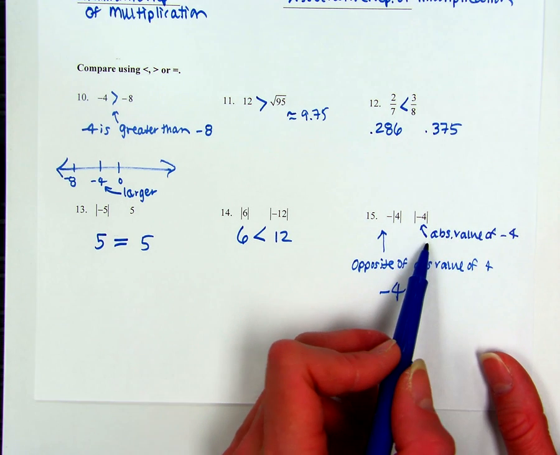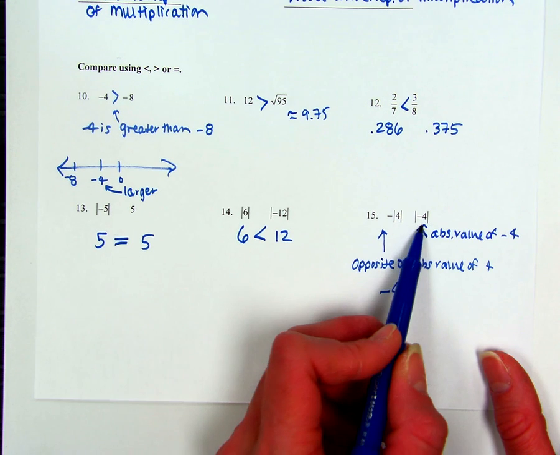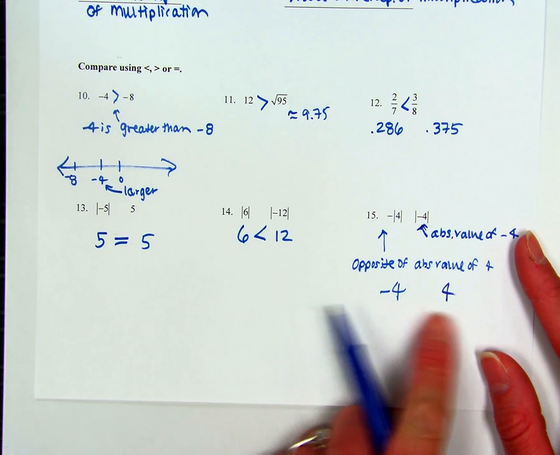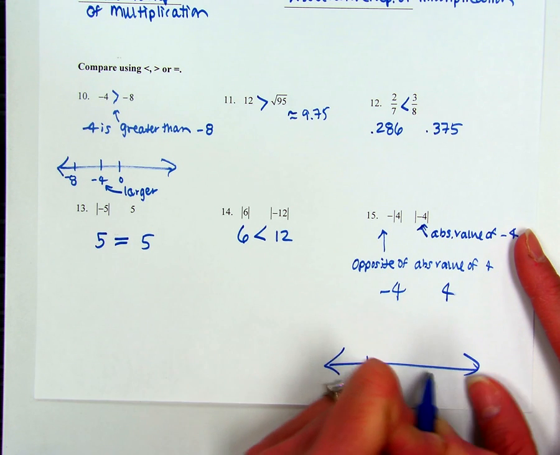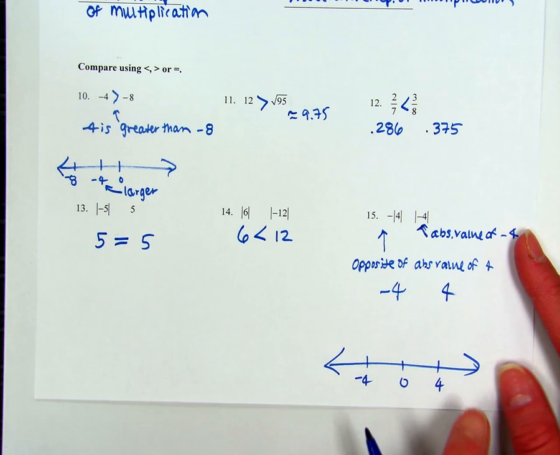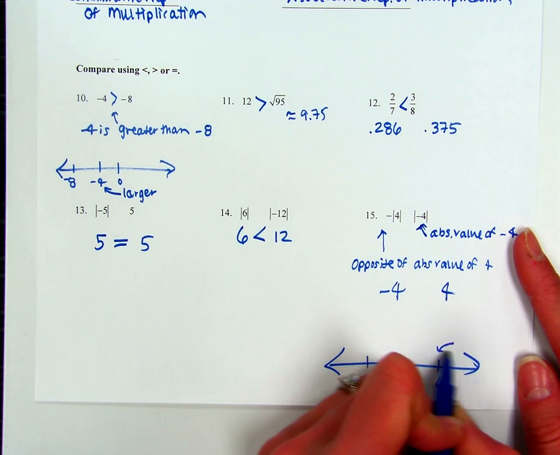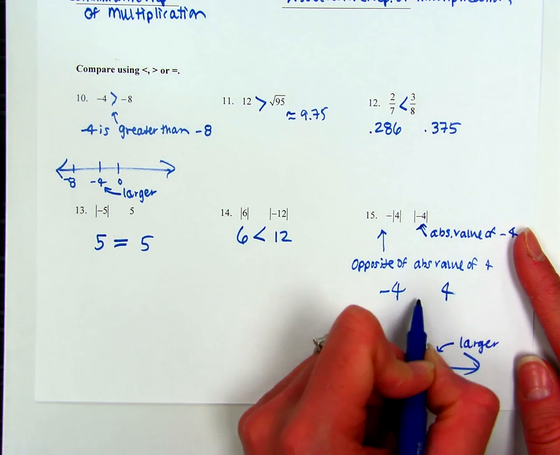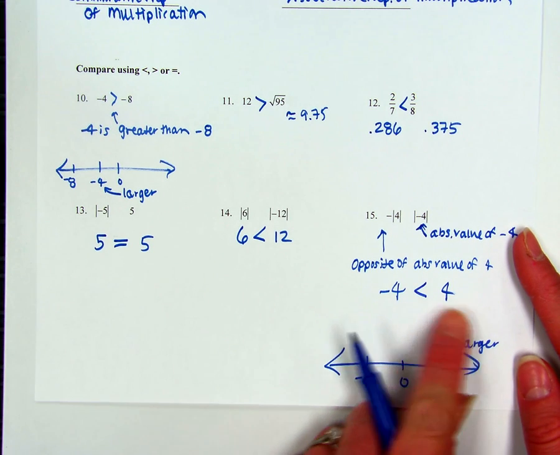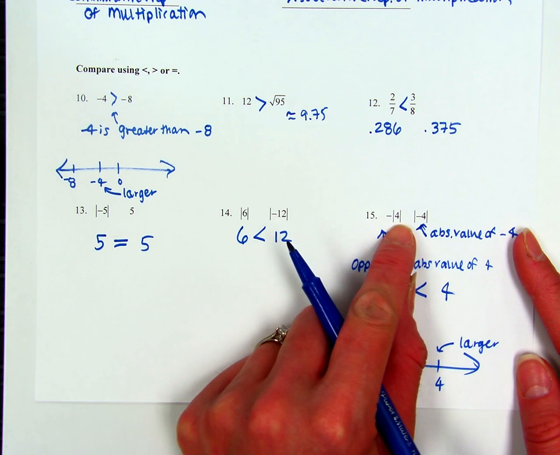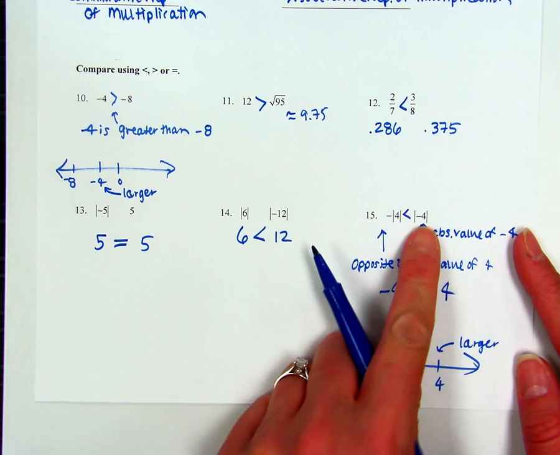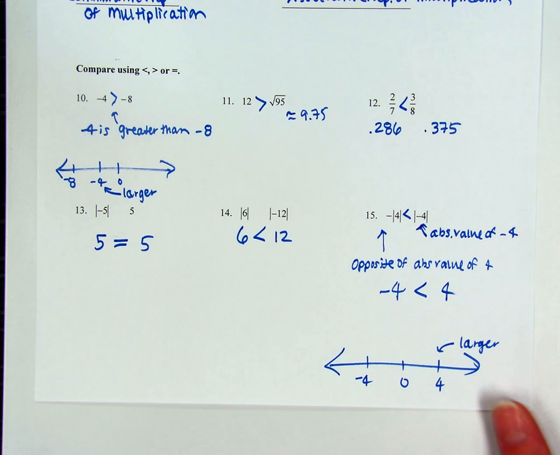So how far away is -4 from 0? That's 4 units away. All right, so which number is larger? If you need to think about it on a number line, we got -4 here. Here's +4, the one that's further to the right. That one's larger. Okay, so that symbol should be facing that. So you'd say opposite of absolute value of 4 is less than the absolute value of -4.